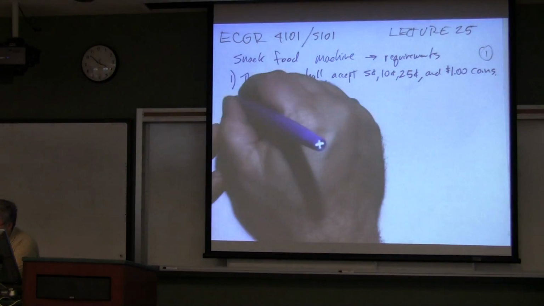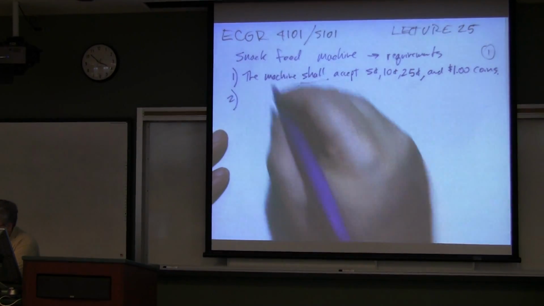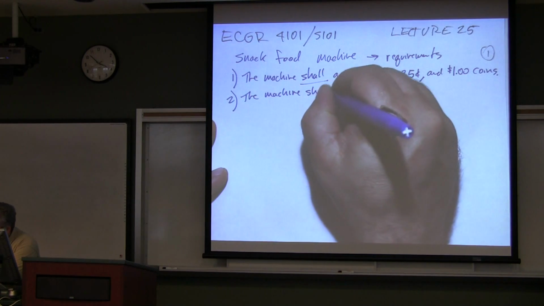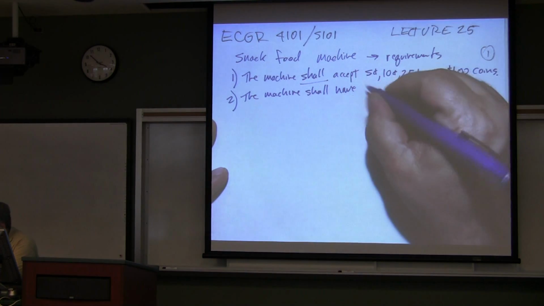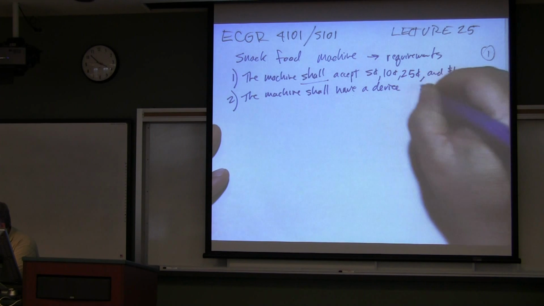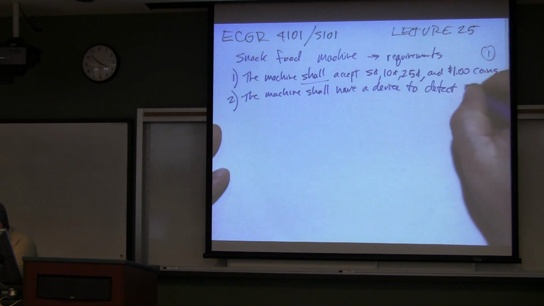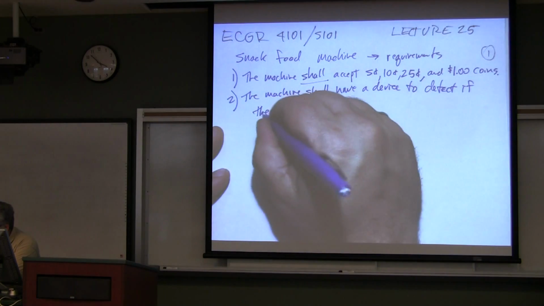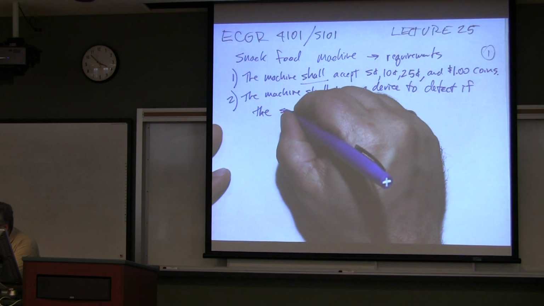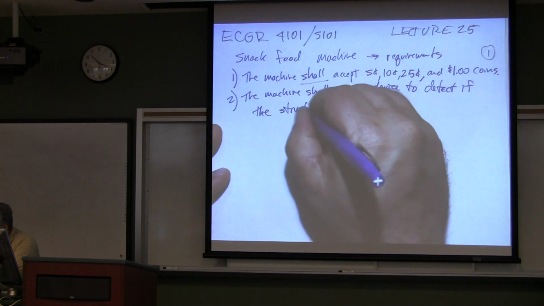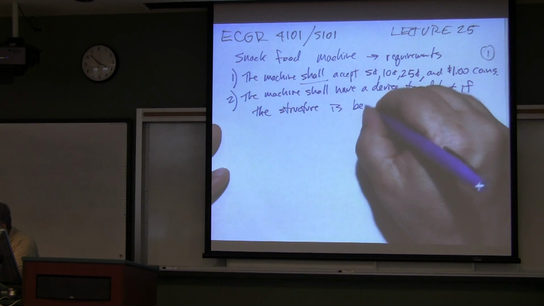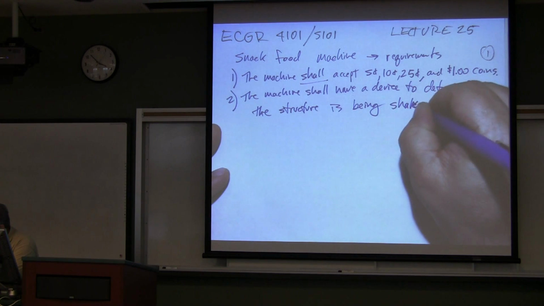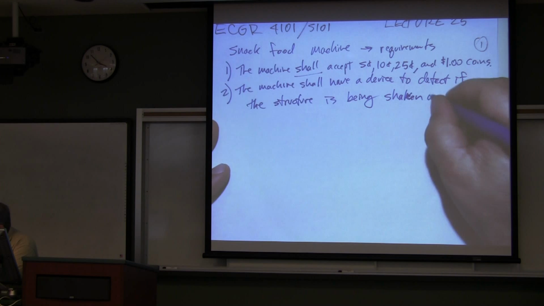The keyword here is shall. 2, the machine shall have a device to detect if the structure is being shaken, not stirred, or tipped.